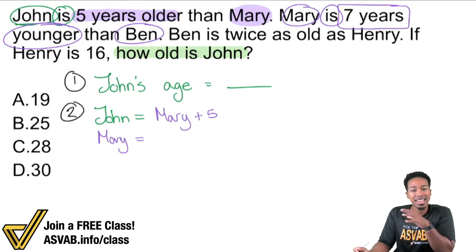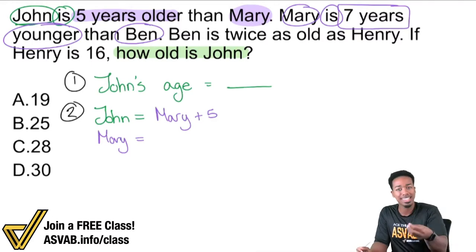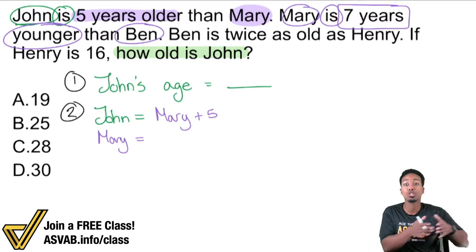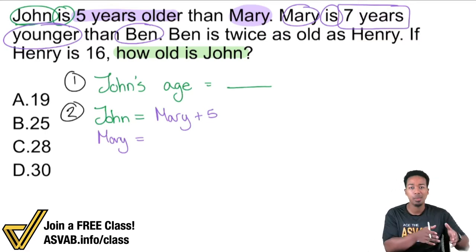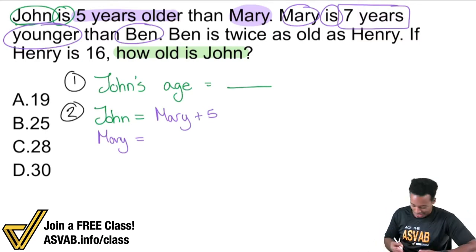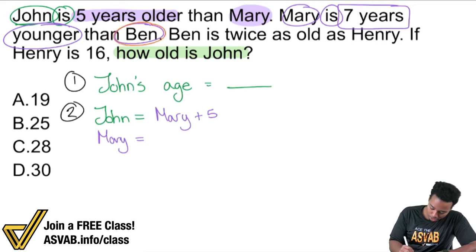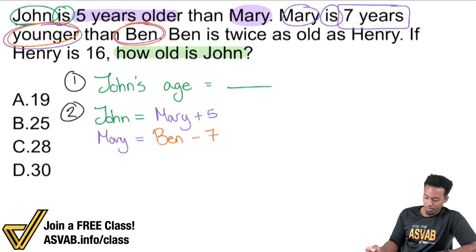Whatever Ben's age is, we subtract 7 to get to Mary. So Ben minus 7. I'll use orange for Ben.